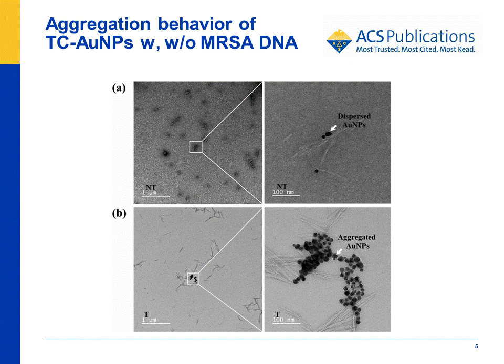The TEM images clearly show the dispersed and agglomerated TC-AuNP in the non-target and target media, causing color change respectively. This result indicated that NaCl destabilized the TC-AuNP in the presence of double-stranded DNA, while the single-stranded DNA stabilized the AuNPs.